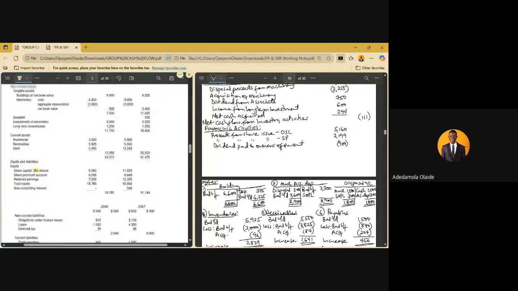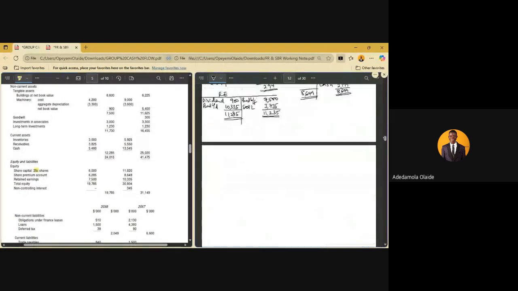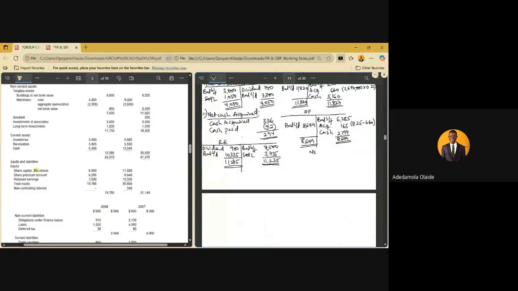Then after retained earnings, we have NCI. We also need to know the dividend paid to NCI by the subsidiary. For NCI, balance brought forward: nothing, there was no balance brought forward.